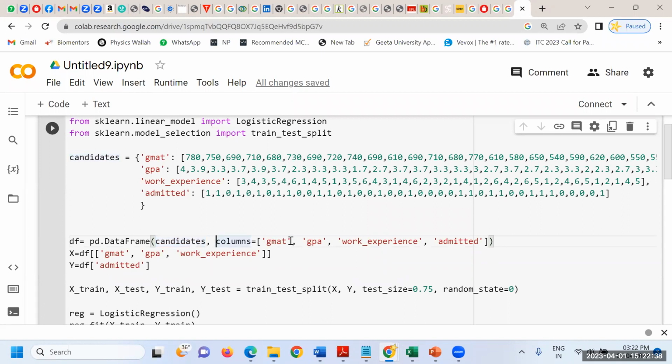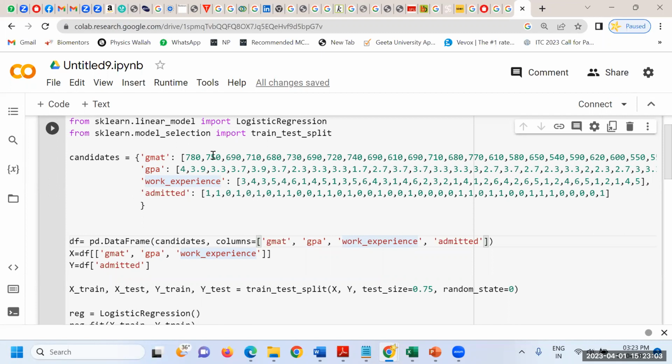And these are the columns that are defined for this particular data. That is GMAT will be on the very top, and this will be the value. GPA will be another attribute, another column, another field, and this will be the value. This all four, 3.9, 3.3, this will be the value. So work experience is going to be on the very top, and these are the work experience for the user. So this is corresponding.